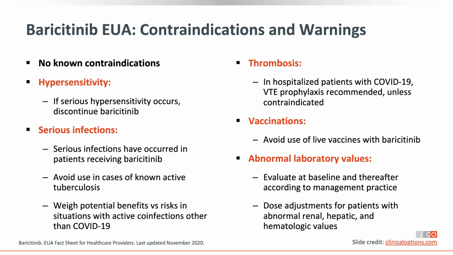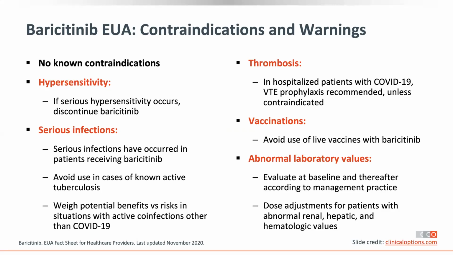Serious contraindications will be those who have serious infections, and also if someone has active TB. Remember, we are giving an immune modulator, and even those who have thrombosis as well. You just have to be careful and monitor them.